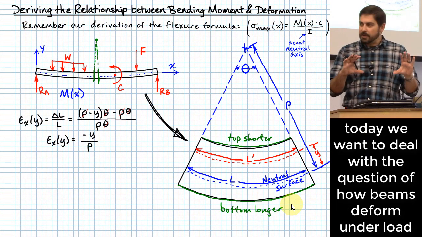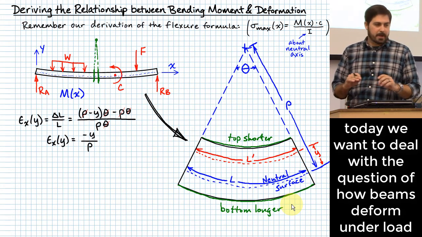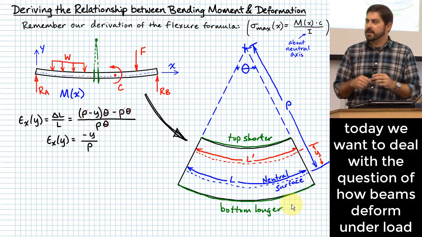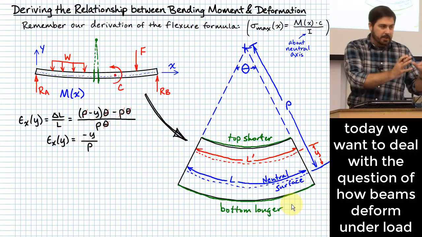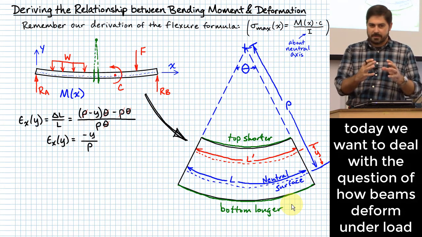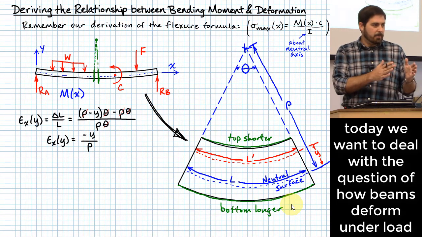Now, if you were really able to follow along with that, you might be able to predict what the next thing is that we would want to do in this class, because when we were doing axially loaded members, we started with stress and then we did deformation, like how they were able to stretch under the loads being applied to them.